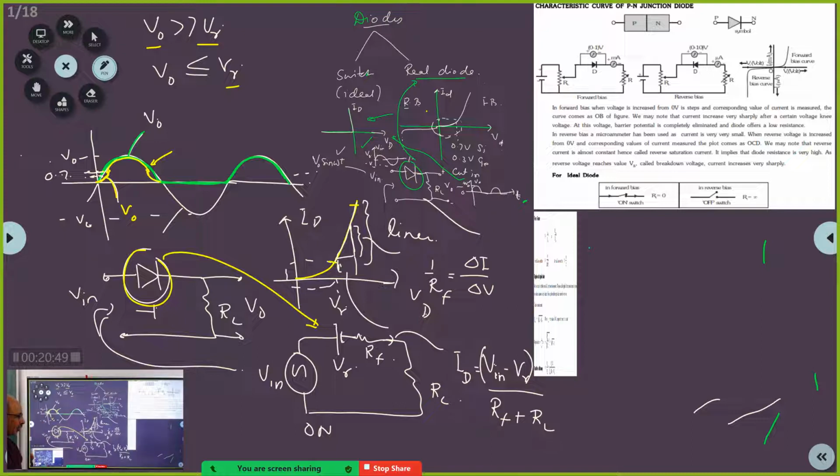Sir, that cut-in voltage, it is the voltage at which the depletion region will end, sir. So after the voltage has increased beyond the cut-in voltage, why is there still a drop? That's a good question. This question is really appreciated. Well asked.